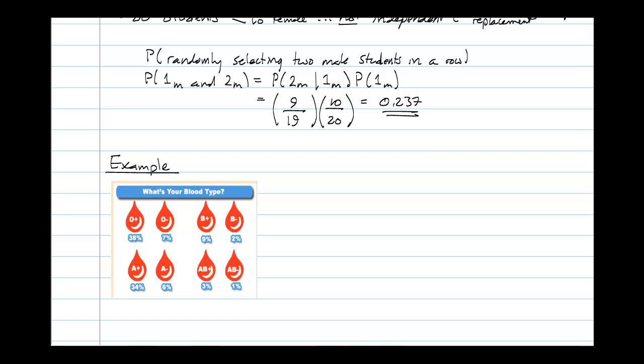So for this example, we're going to have to remember that unrelated visitors are independent. So in our previous example, they were not independent events. In this example, they are independent. So keep that in mind. I would like to look at the probability that the next 2 unrelated visitors are both blood type O.